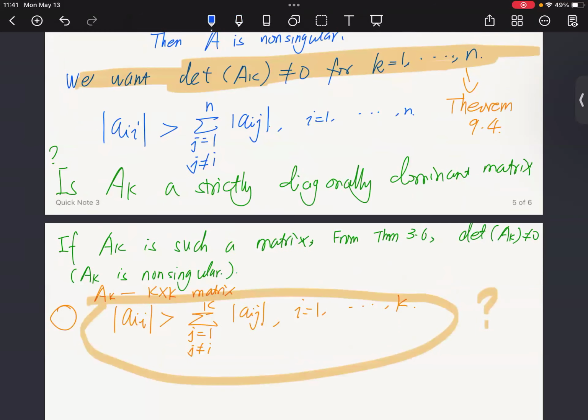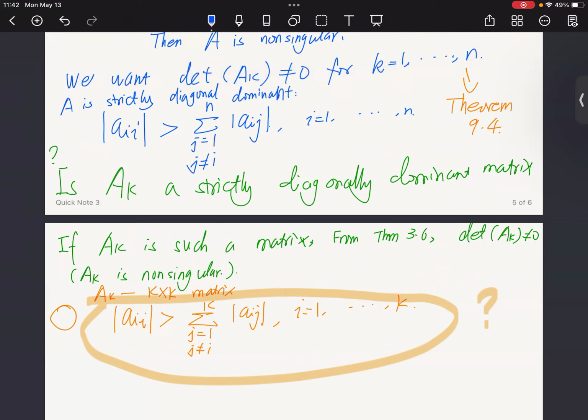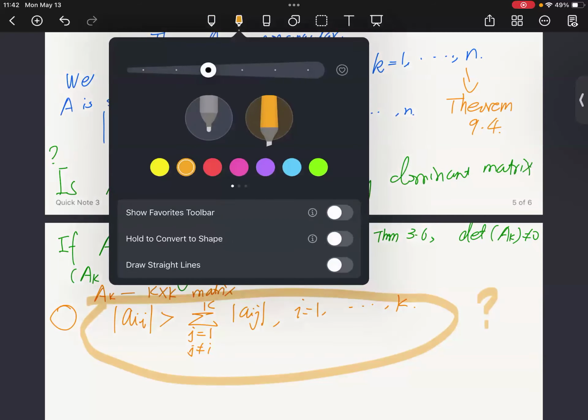Yes, actually you have this, because A is strictly diagonally dominant. This is from the definition of diagonal dominance, and then we have the purple part.